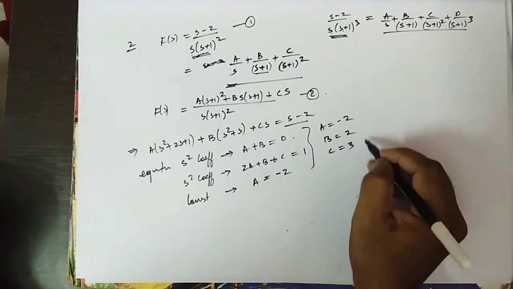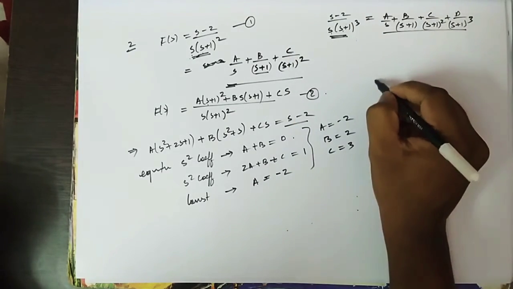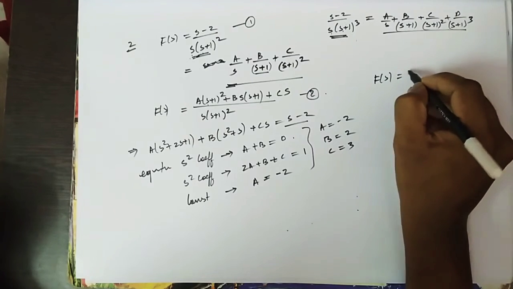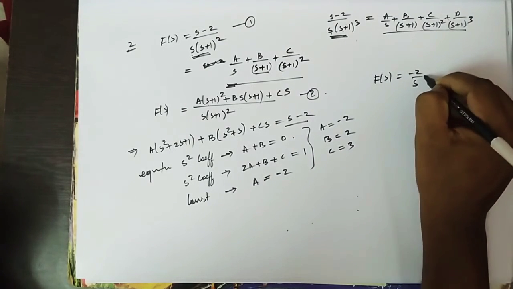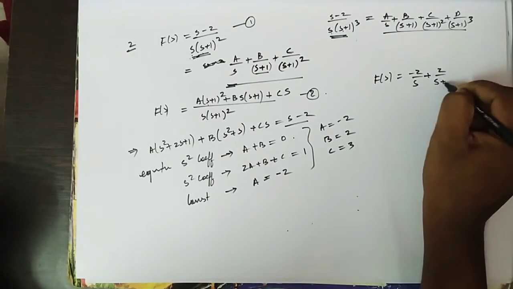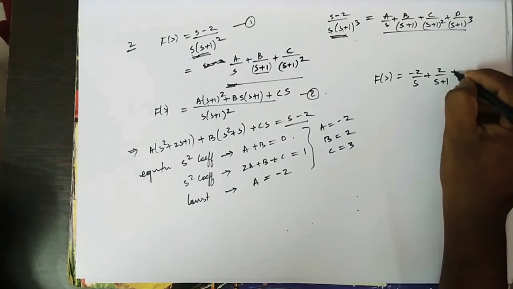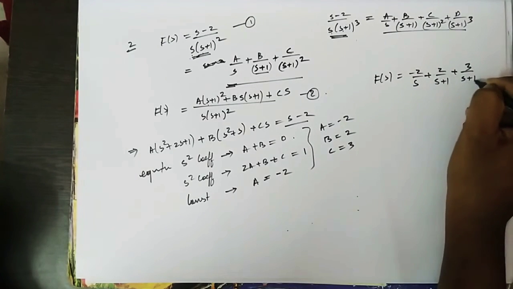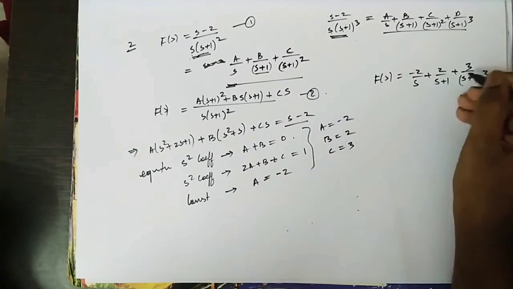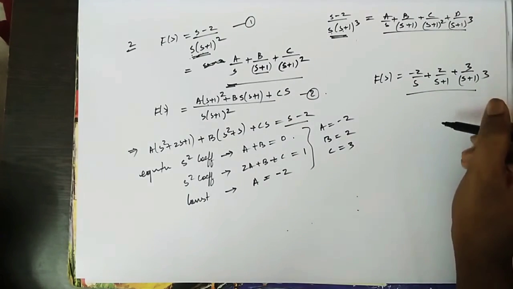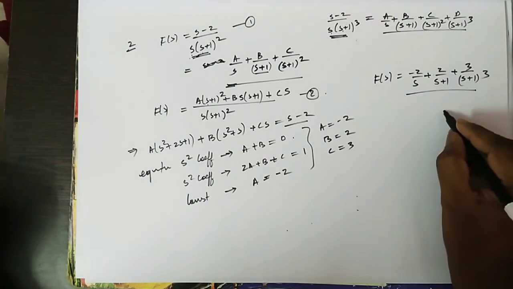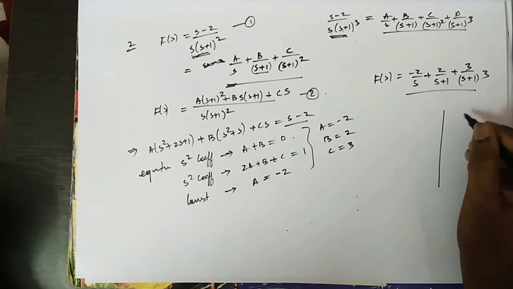After getting these 3, substitute them in the partial fractions. So F of s equal to minus 2 by s plus 2 by s plus 1 plus 3 by s plus 1 whole square. After seeing this, you need to understand a few things.